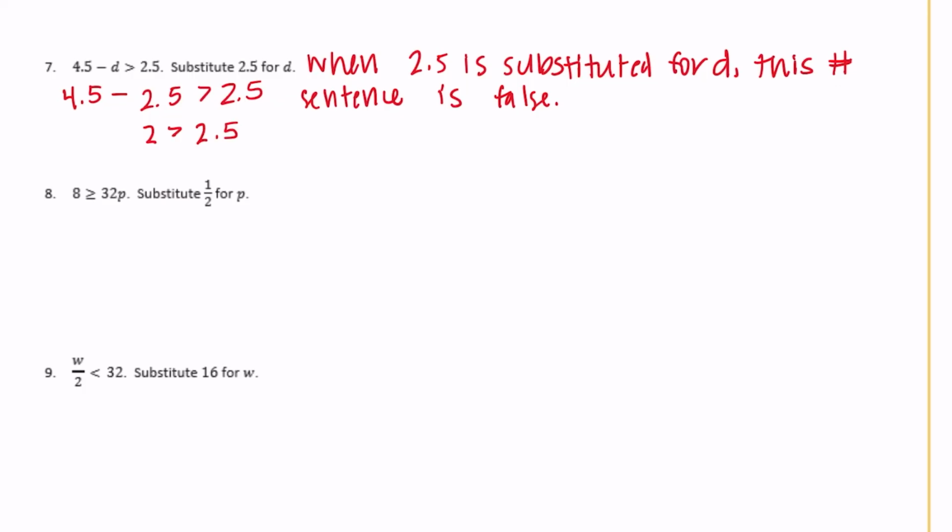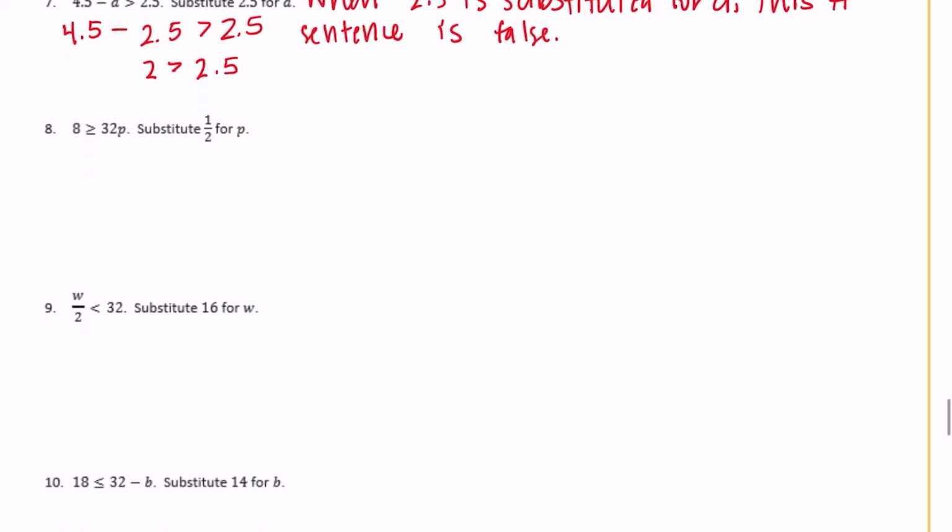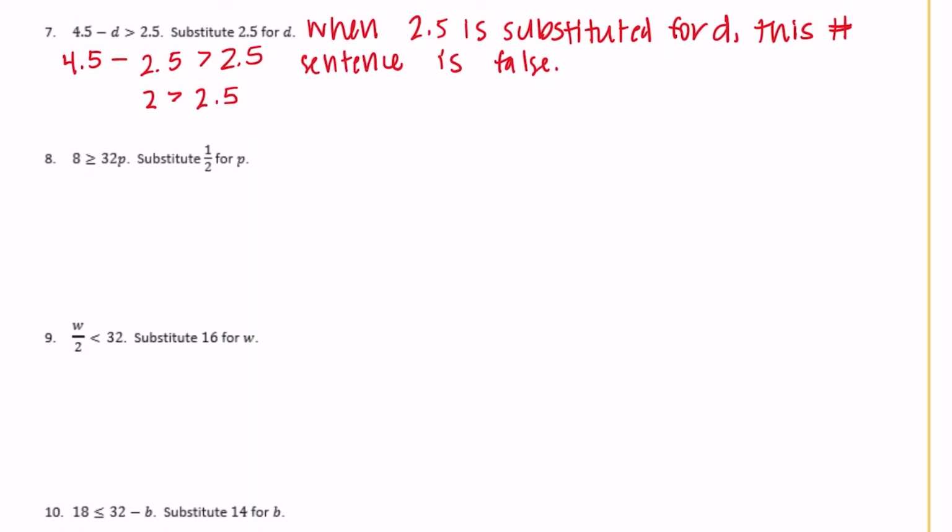So how could we make it true? We need to use something, let's see. So 4 5/10, we minus 2 5/10, we got 2. So we need to subtract something smaller than 2 probably. So 4 5/10 minus 2 gets us 2 5/10, but we don't have an equal to sign.